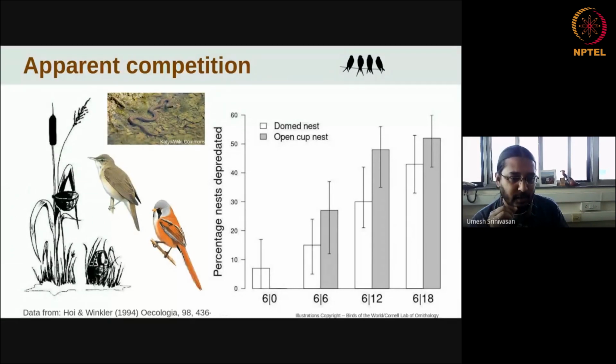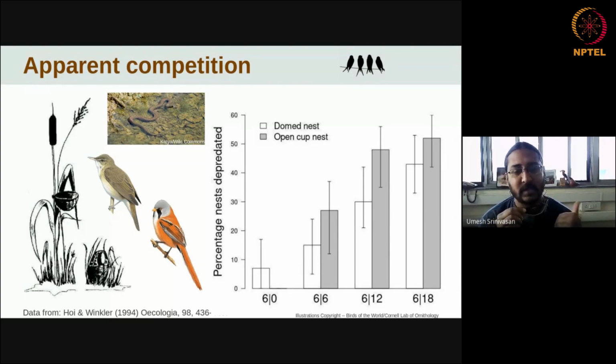And what this is showing is that even though the number of domed nests remains constant, if you increase the number of open cup nests artificially, the rates of predation on the domed nests go up. So higher numbers of open cup nests mean the level of predation on domed nests also goes up, even though the number of dome nests remains the same.